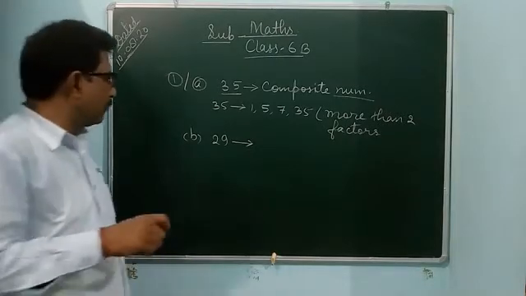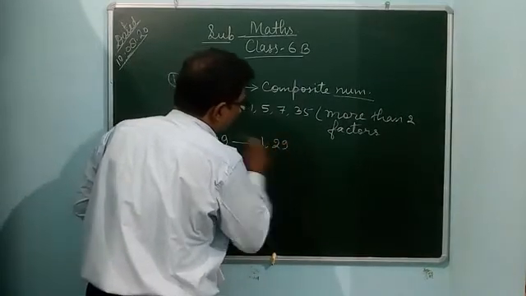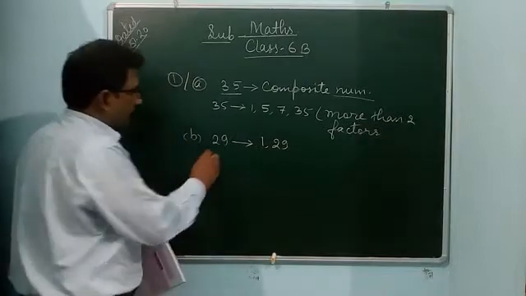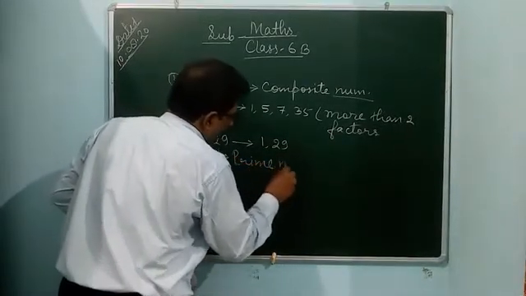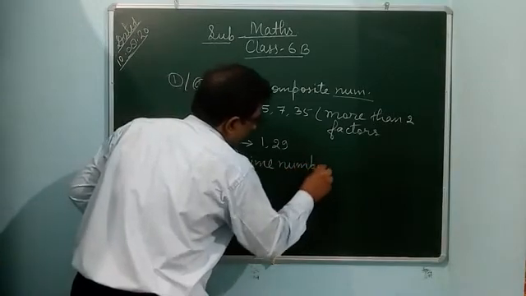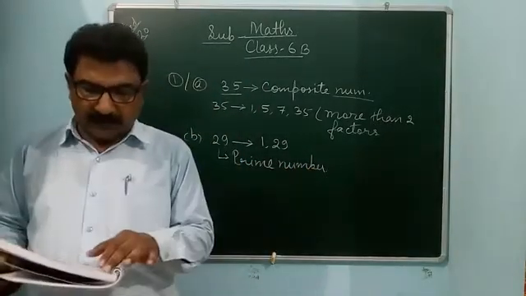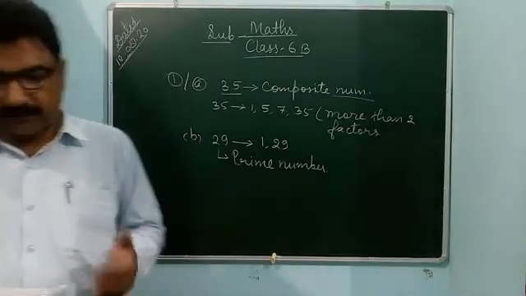So 29 has exactly two factors, 1 and 29 itself. So 29 is a prime number. In this way you can solve exercise 1. If you feel any problem, you can contact me.